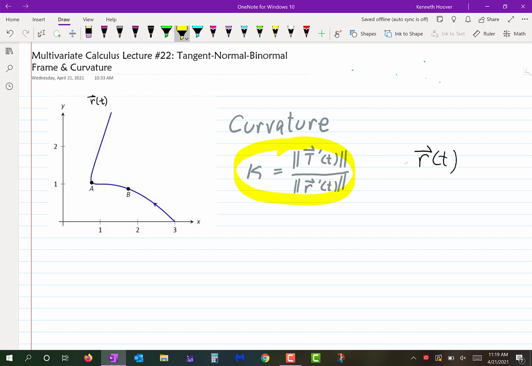Smaller numbers means not as tight of turns. 0 means no turn at all. Okay? When the sign changes, it means the direction of the turn is changing from right to left or vice versa.